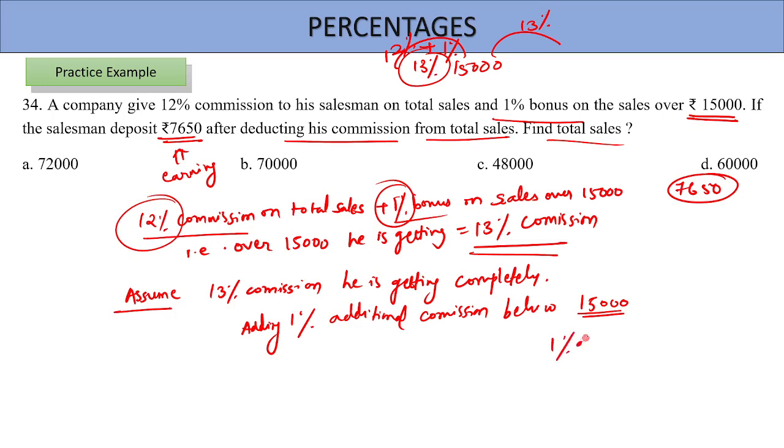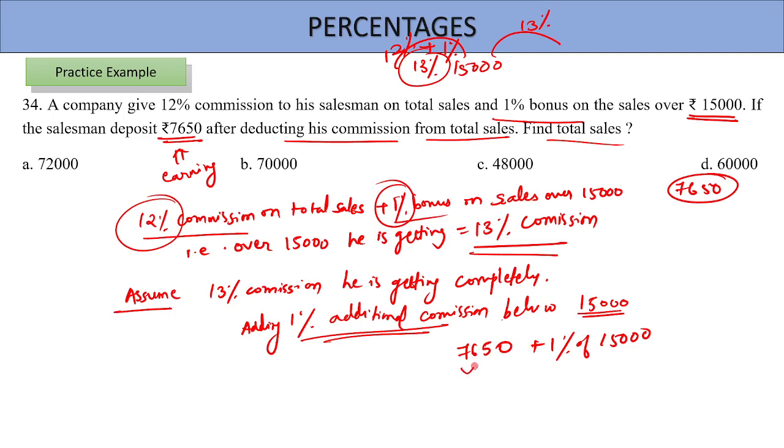Okay, so 1 percentage of 15,000 plus 7650. Why am I adding 1 percentage of 15,000 with 7650? Because I am eventually adding 1 percentage of the commission. If I am adding over here, then I will add here also to negate that.